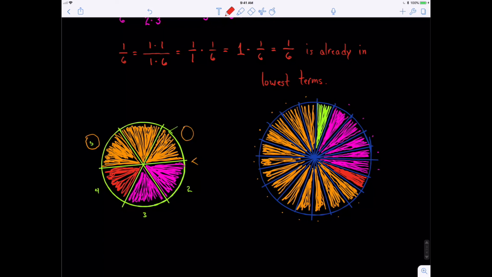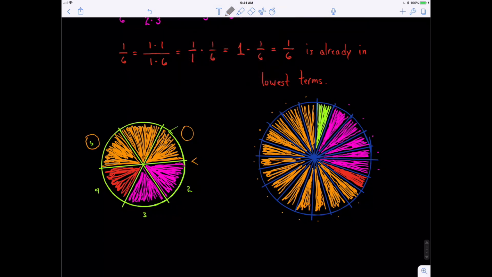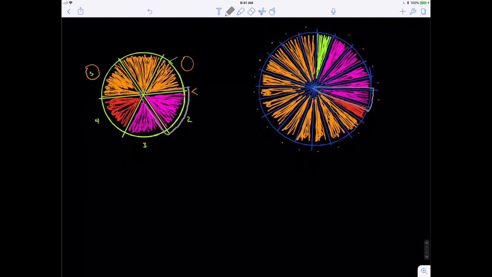If this was a piece of a cookie, or maybe pizza, or whatever your favorite thing is, notice that this piece here, outlined in gray, is definitely bigger than a pink piece when the pie was cut into 20 pieces. And that's just it.